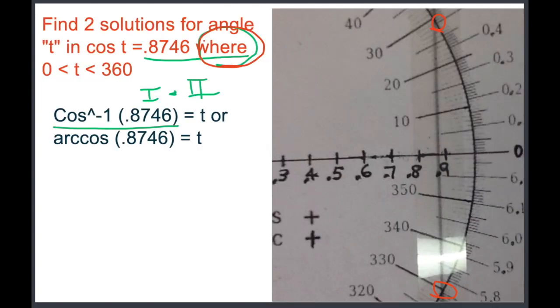So that's a summary of looking up trig ratios. There is a difference between whether the trig ratio is written like this or like this. Here there's only one answer, one quadrant, that's the second one. And on top, there's two answers, two quadrants.